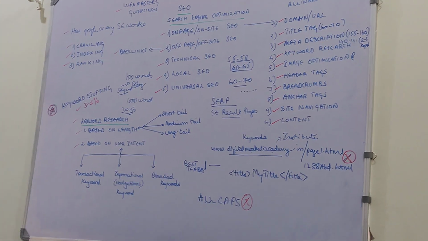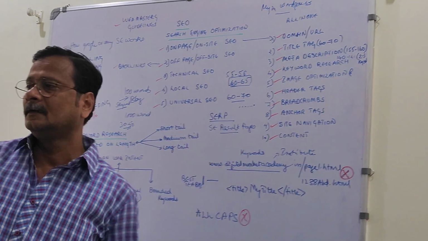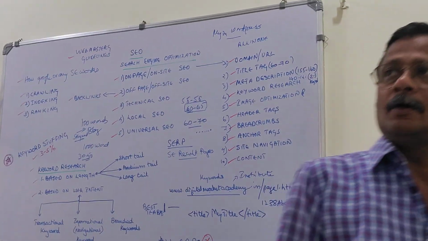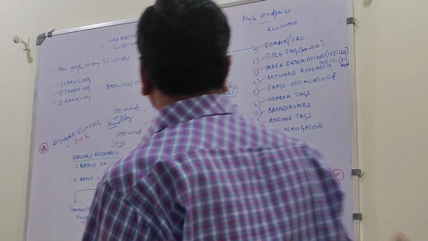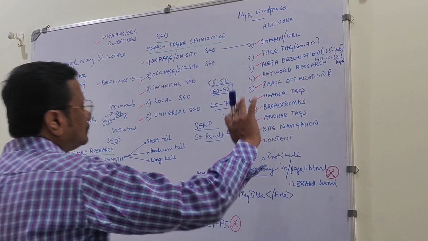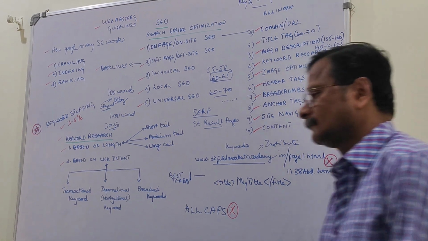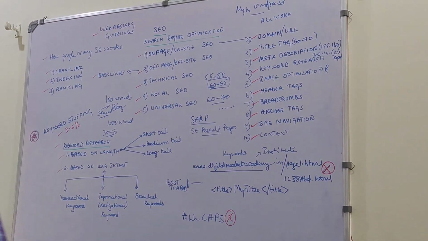Now, what to avoid? Duplicate meta descriptions for many pages, avoid this. Short descriptions, say 50, 70 characters, never do that. It does not serve the purpose. Never have short meta descriptions.